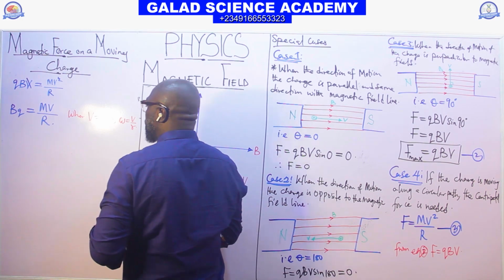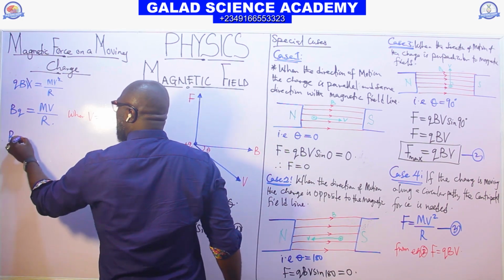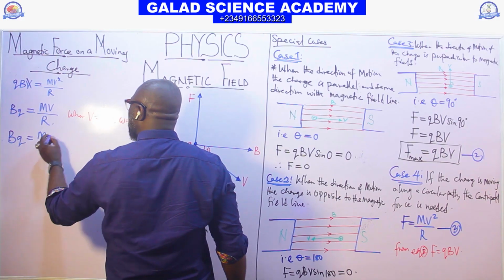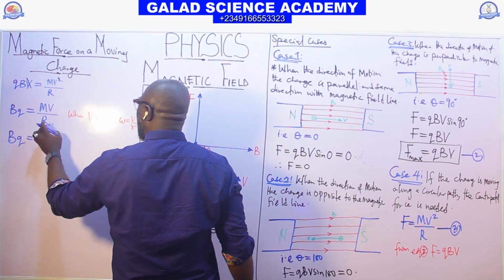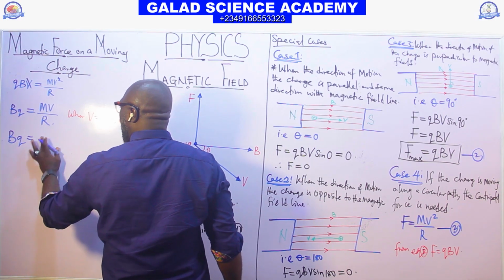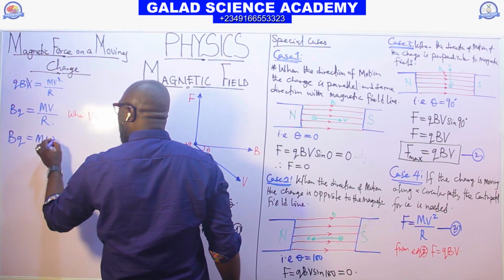From there, we can have BQ should be mass, and v over R is omega, so it will be mass omega.